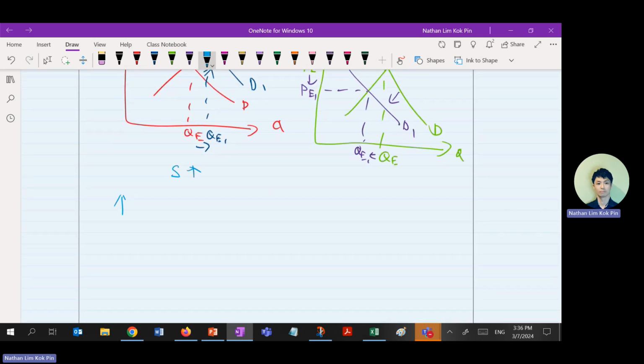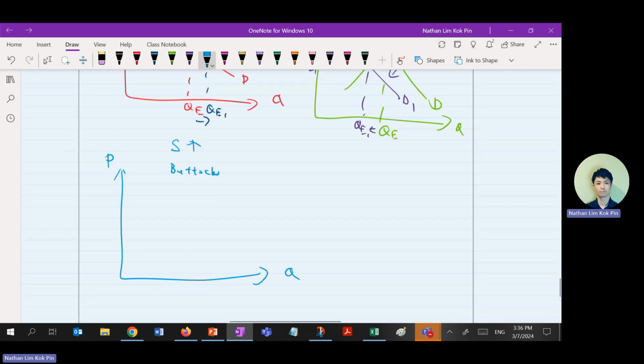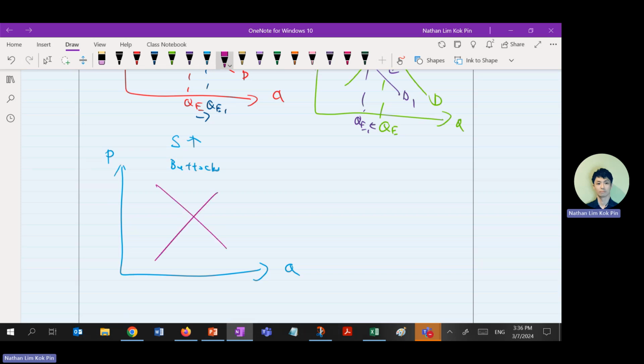For supply increase, when I think about the buttocks, you have to think about supply. Remember I showed you yesterday the technology that breeds chicken, lifeblood.